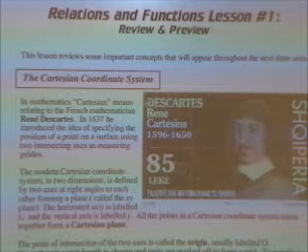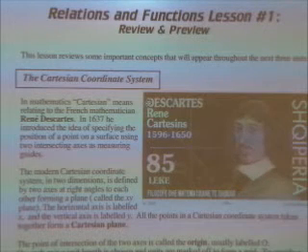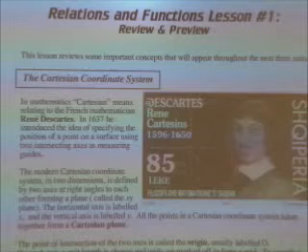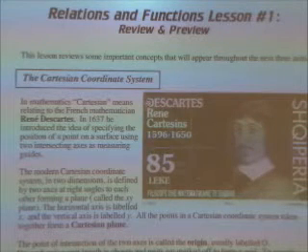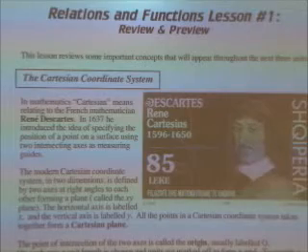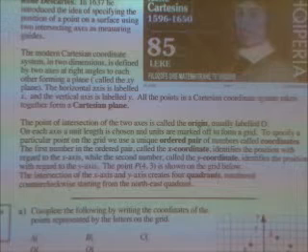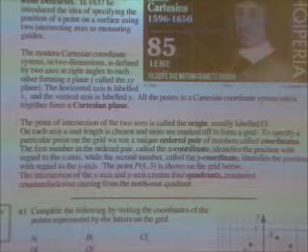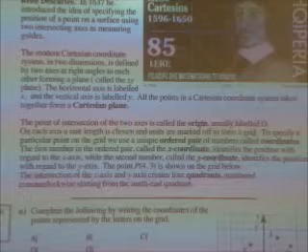So before we get started, we're going to get a little bit of a review of some of the important concepts. So we have the Cartesian coordinate system. There was a French mathematician by the name of René Descartes, and in 1637 he suggested the idea of specifying the position of a point on a surface using 2 intersecting axes as measuring guides.